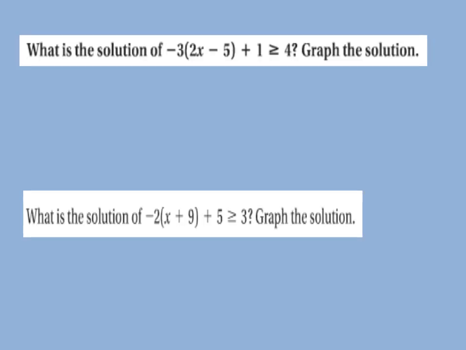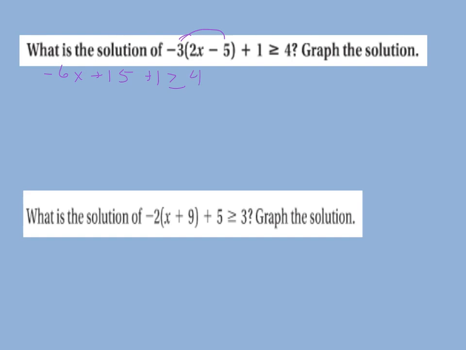When we're solving an inequality, we still solve it the same way we would if there was an equal sign. You have to be careful though when you're multiplying or dividing by a negative. So for this first problem, first thing I'm going to do is distribute my negative 3. I'm going to have negative 6x plus 15 plus 1 is greater than or equal to 4.